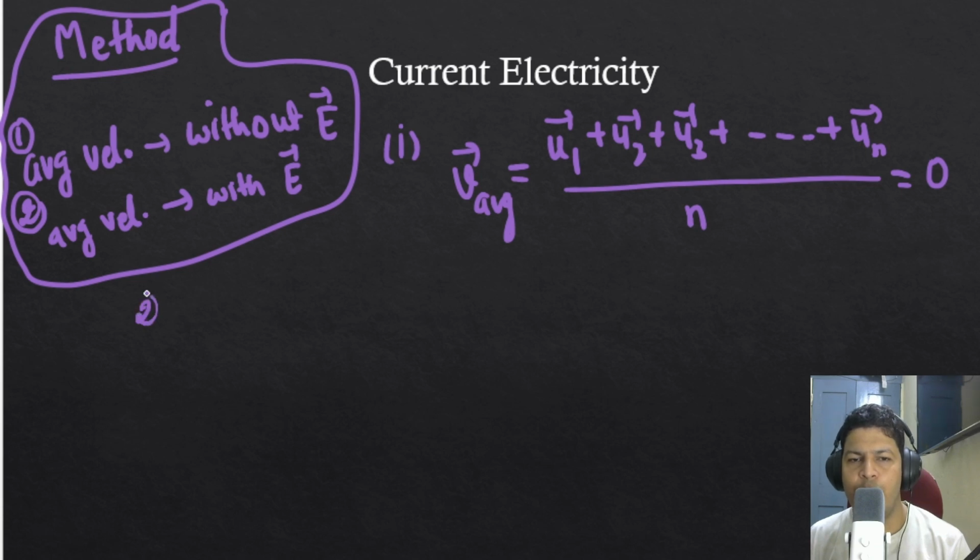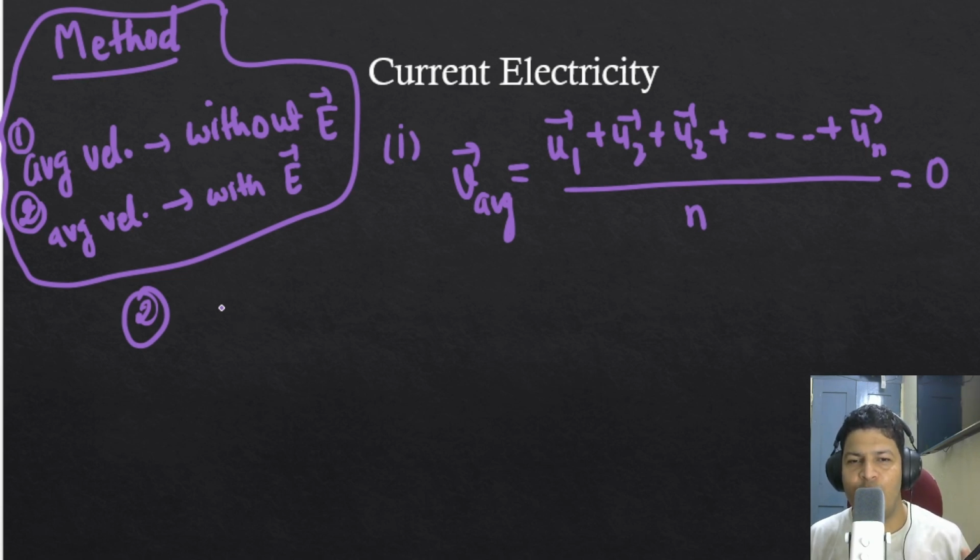And the next point is when we apply the electric field. As we already understood, when we apply an electric field, there will be a force on the electrons, and if there is a force on the electron, there will be an acceleration.